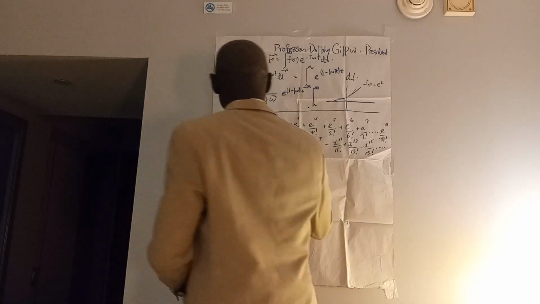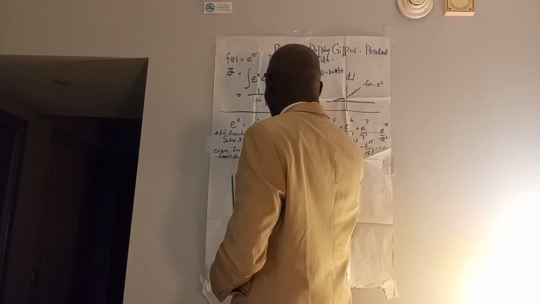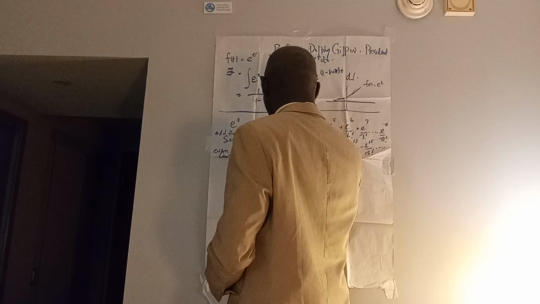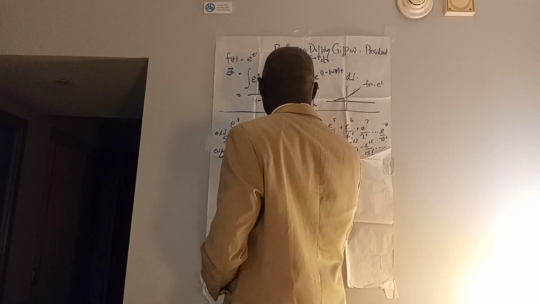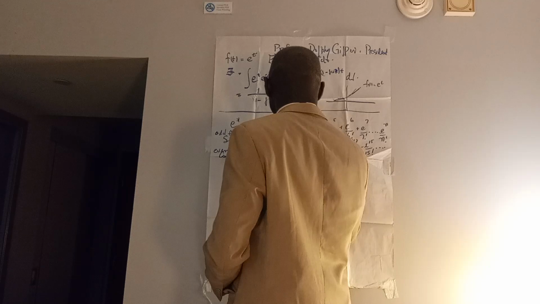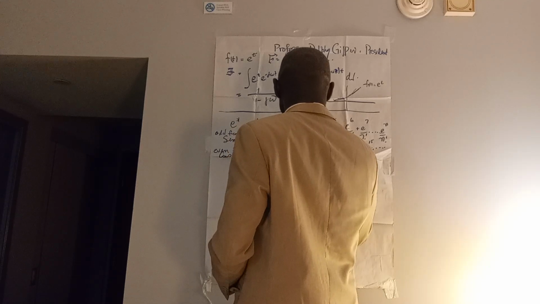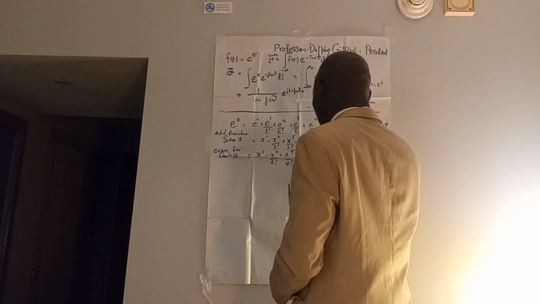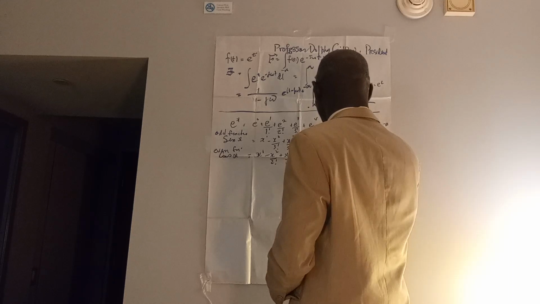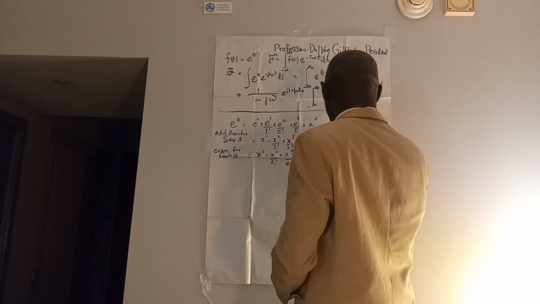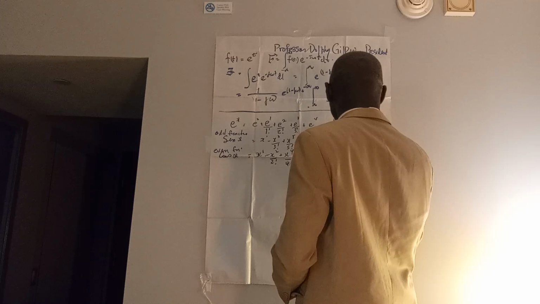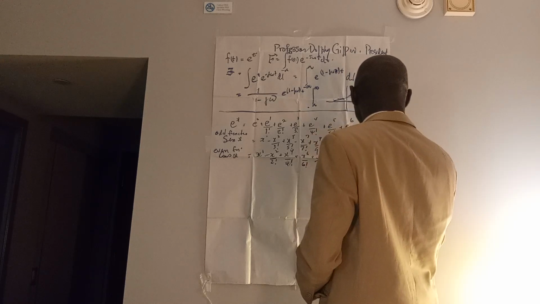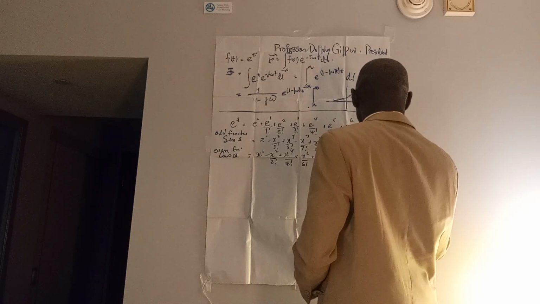And that will be equal now to 1, which is x to the 0, minus x squared over 2 factorial, plus x to the 4th over 4 factorial, minus x to the 6 over 6 factorial, plus x to the 8 over 8 factorial, minus x to the 10 over 10 factorial, plus x to the 12 over 12 factorial, minus x to the 14 over 14 factorial, on and on and on.